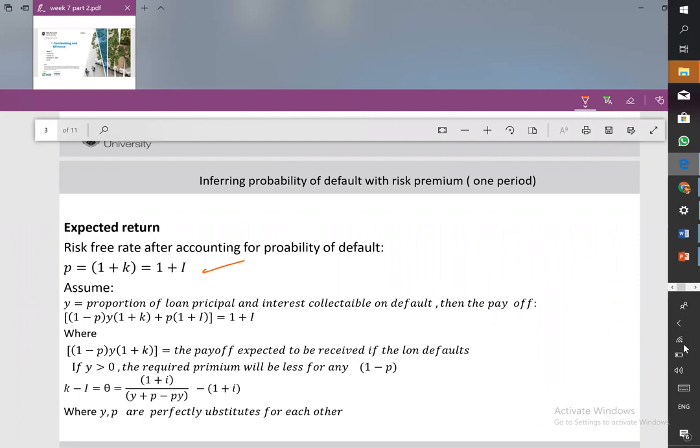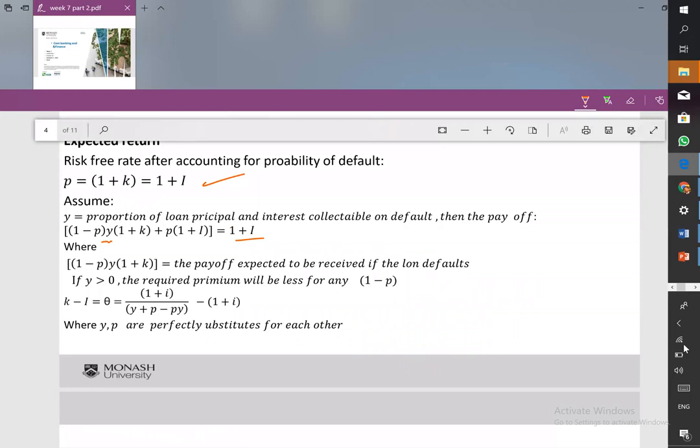Now, when we bring the collateral, the probability of defaulting plus the probability of payment should equal 1 plus I. So if the collateral is more than 0, which it should be, then the required premium, for any 1 minus P, which is the defaulting, should equal this amount, which is just the formula I showed you.